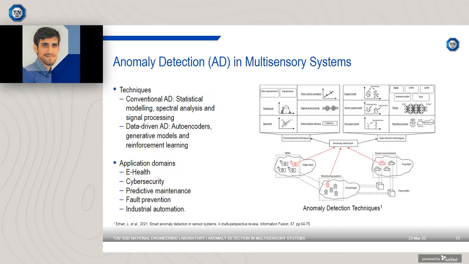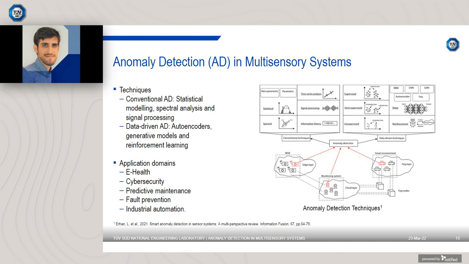So this slide presents different approaches to deal with anomalies, whether conventional or more advanced data-driven approaches. The conventional methods include very well-known statistical modeling techniques such as PCA, principal component analysis. We have linear and nonlinear, or kernel-based, PCA, which are used for anomaly detection.